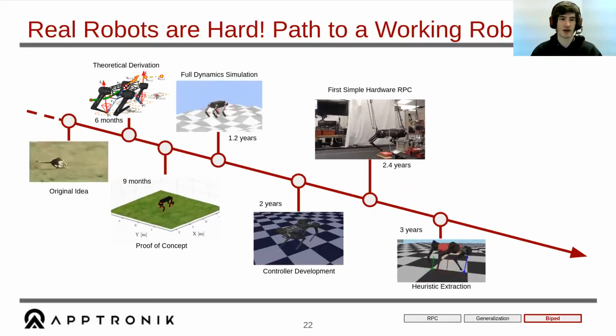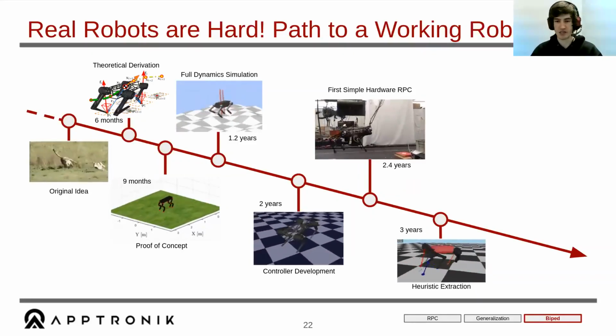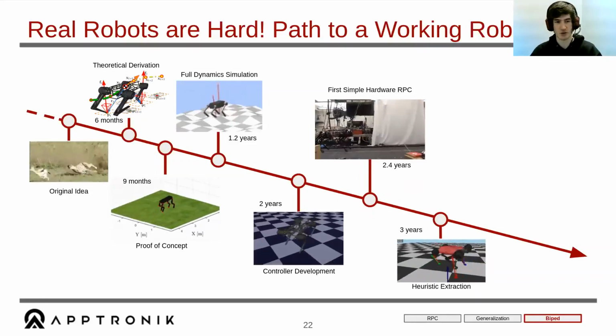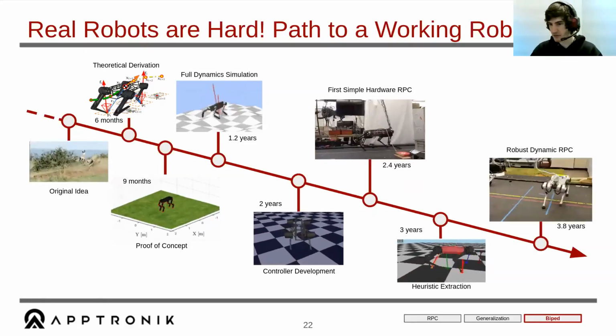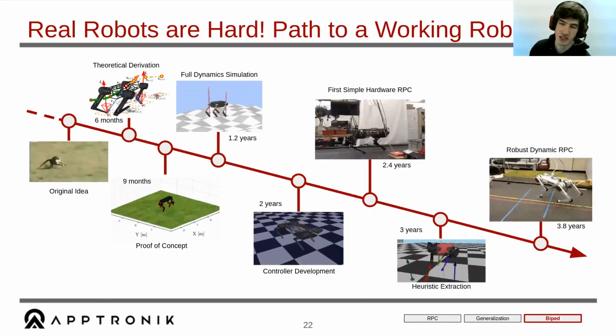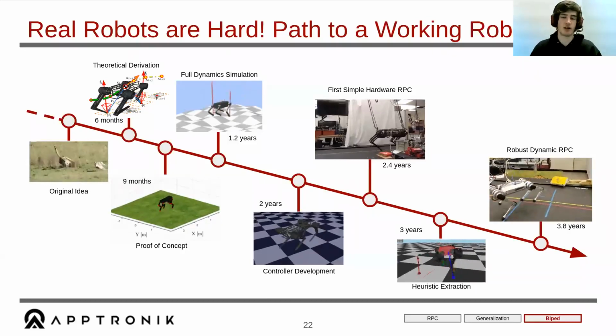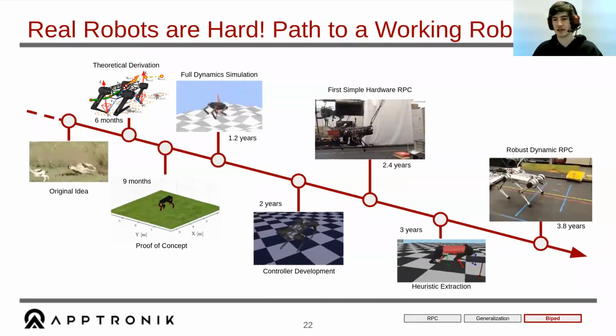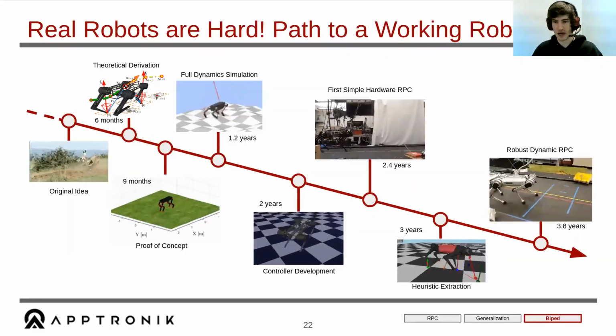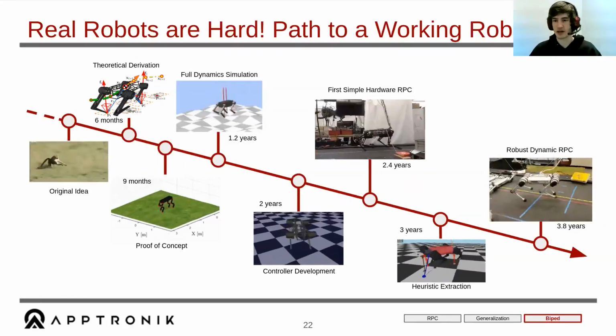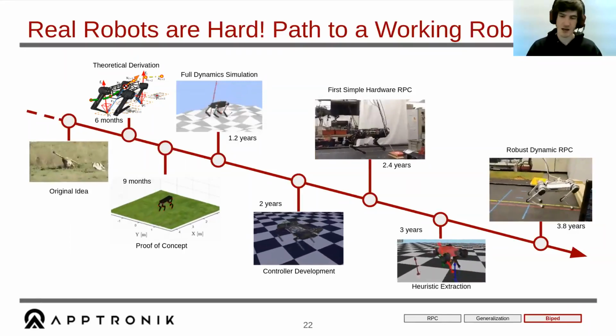And while this was going on, my lab mates were developing the Mini Cheetah robot and Mini Cheetah platform. And finally, about 4 years from when I started my PhD, I was able to get the original idea that took about 6 months to derive all the math for, finally working on the real robot.